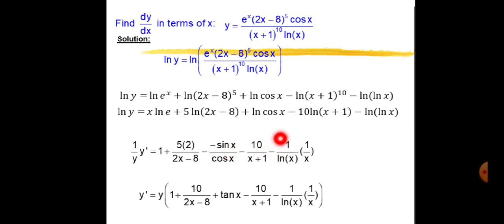Minus 10 ln x plus 1, as usual, 1 over x plus 1, minus ln x. Ln x is 1 over, as the ln function is 1 over the function times the derivative of what is inside. The derivative of what is inside is 1 over x. And now we can write y prime by multiplying both sides by y.